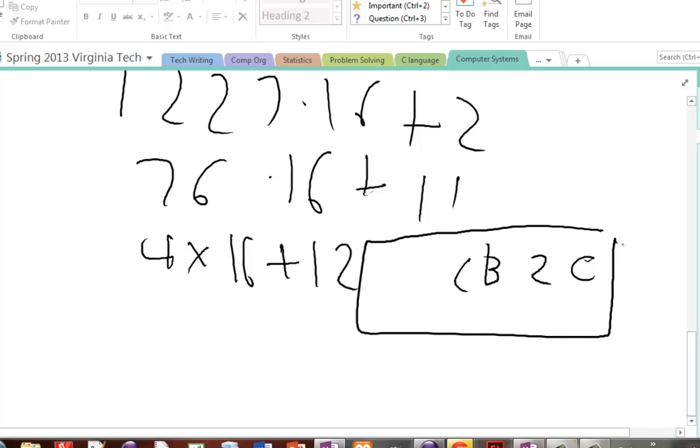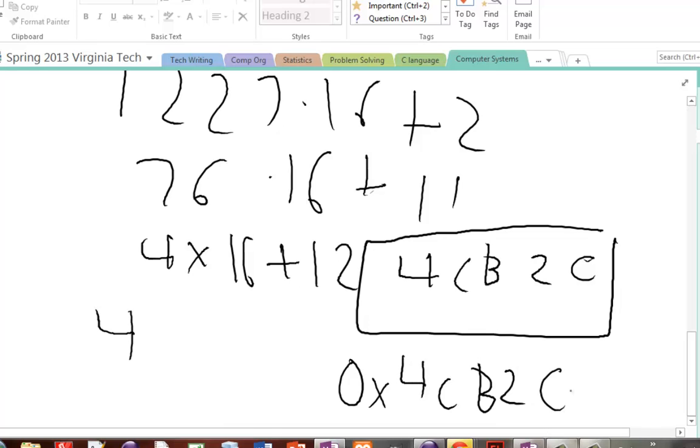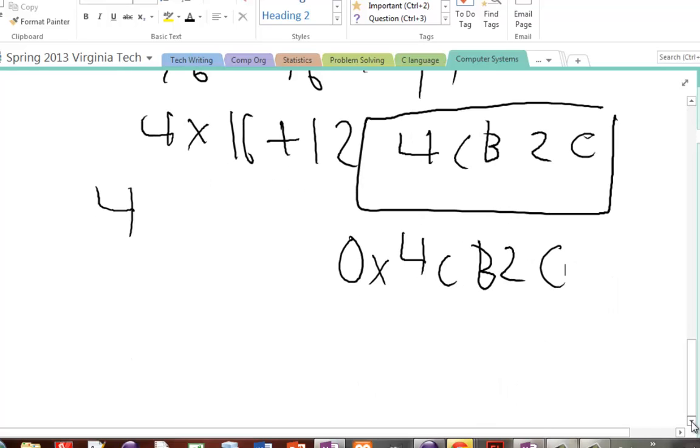And now I've only got a 4 left, and I'm going to still take that 4 and divide it by 16 to get the remainder, which is 4, and that will be my final answer. So this hexadecimal number can be expressed as 0x4CB2C. So that's how you express a decimal number in hexadecimal.